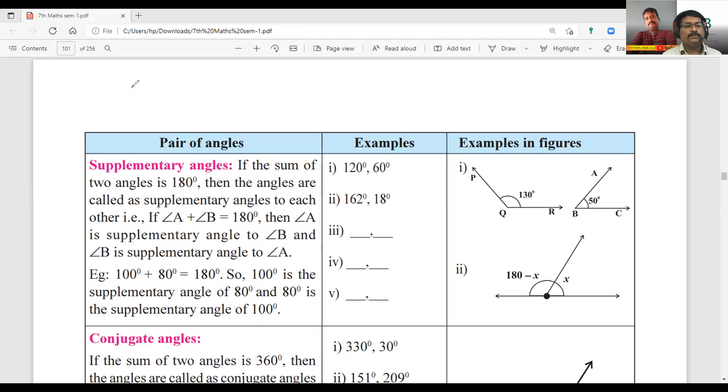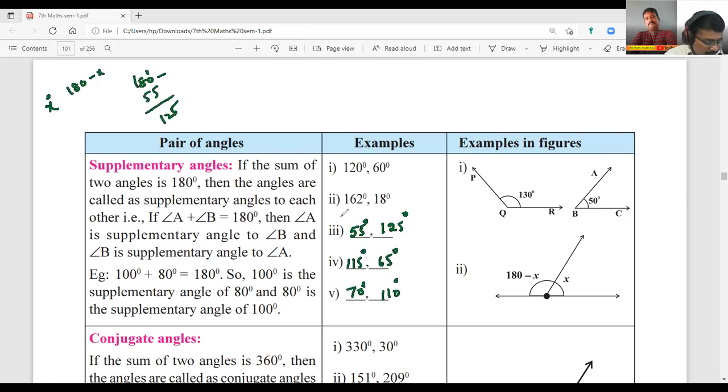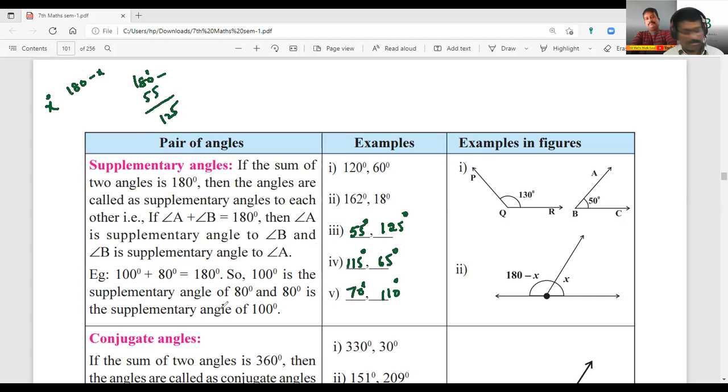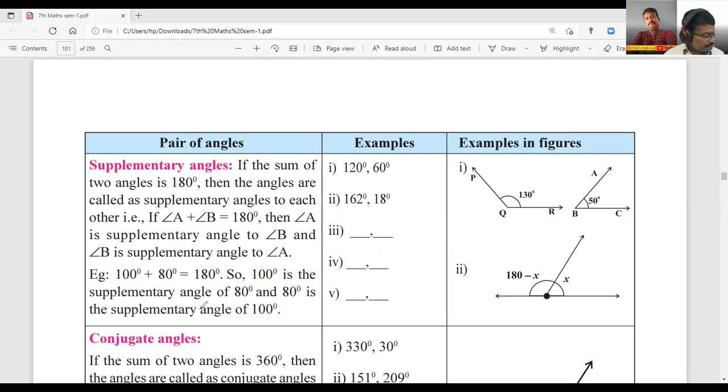So 125, okay, Nana. Next 115, 65. Next 70, 110. So these are the supplementary angles. Supplementary angles are nothing but, if two angles sum is 180 degrees, then we call them supplementary angles.